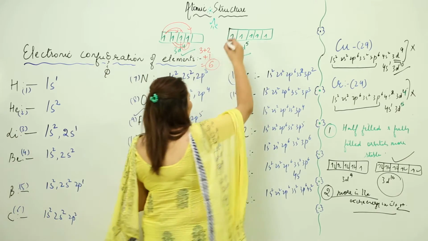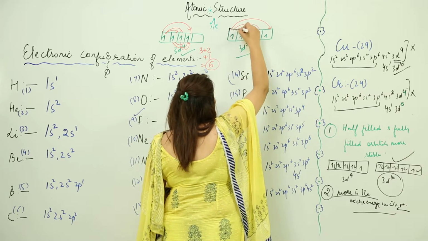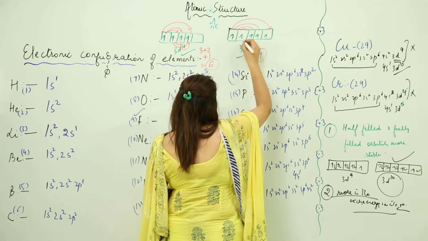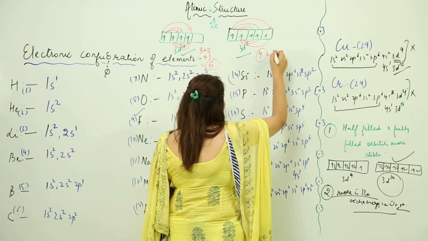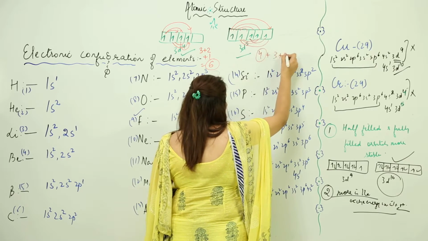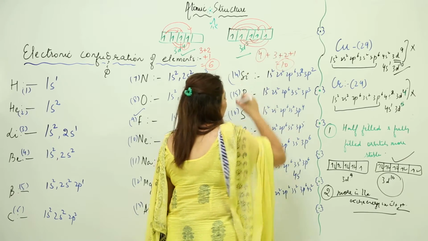But in this case, the energy exchange can be 4 for the first one, and for the second one, 3. For the third one, 2. And for the last one, 1. So the total energy exchange comes out to be 10.